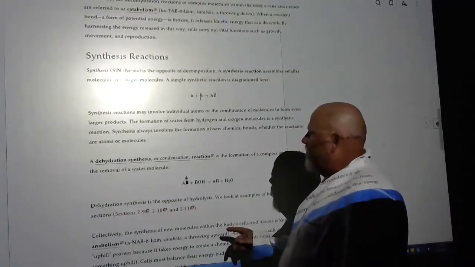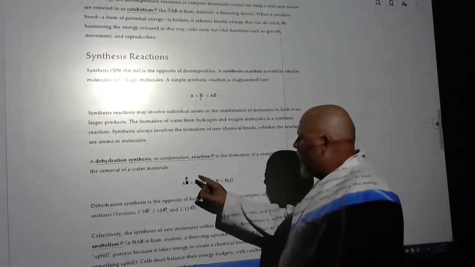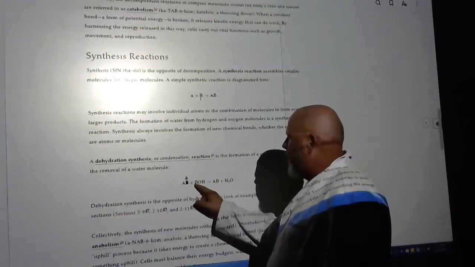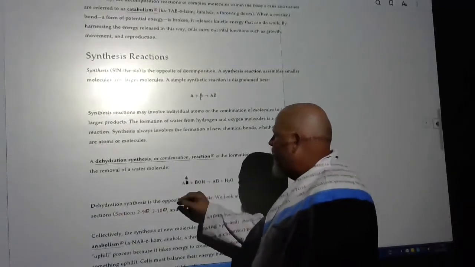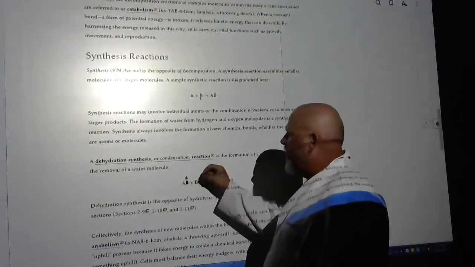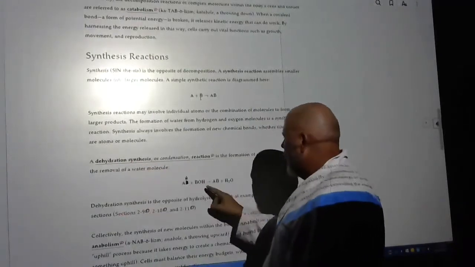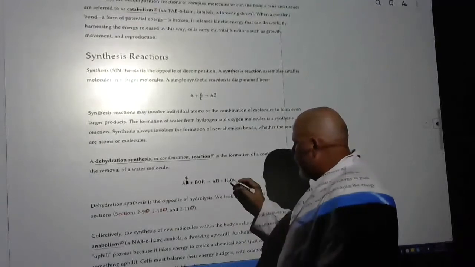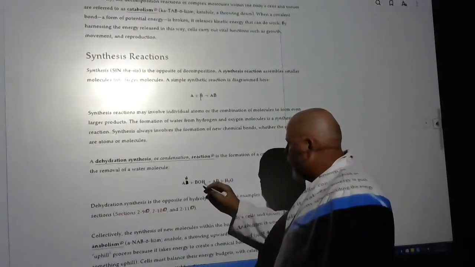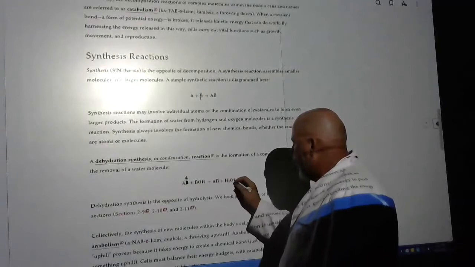Now, what have I done to these two, A and B? I've taken the hydrogens out, so it's dehydration synthesis; I dehydrated it. You can also imagine this is our product. These are the reactants, and this is the product plus water.